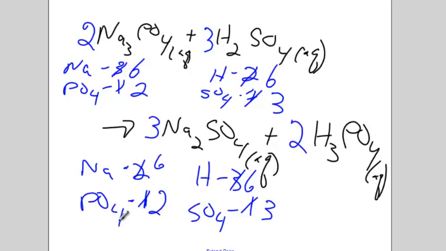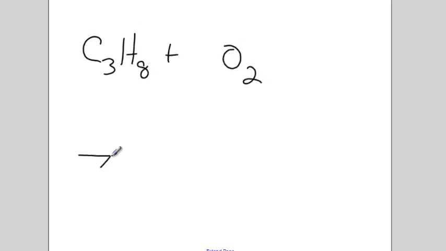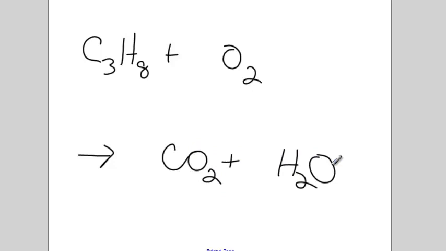Now, one kind of reaction is just a little harder, so let's do one. Let's say I have C3H8 plus O2 yields CO2 plus H2O. You will notice this O has split into 2 different things.